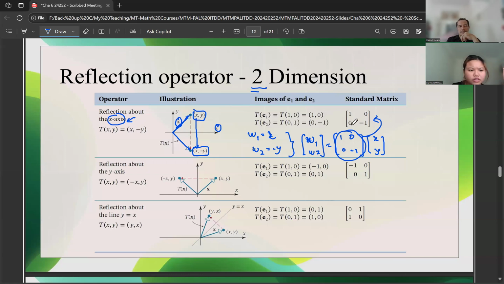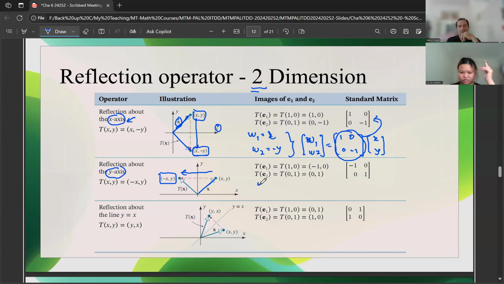Okay. Reflection about the y-axis. This is the original, and this is the reflection. Quadrant 1 becomes quadrant 2, and the result will be the negative of x.